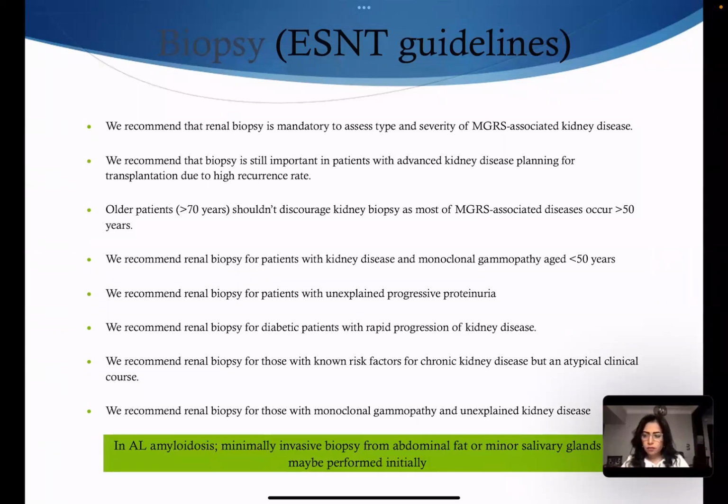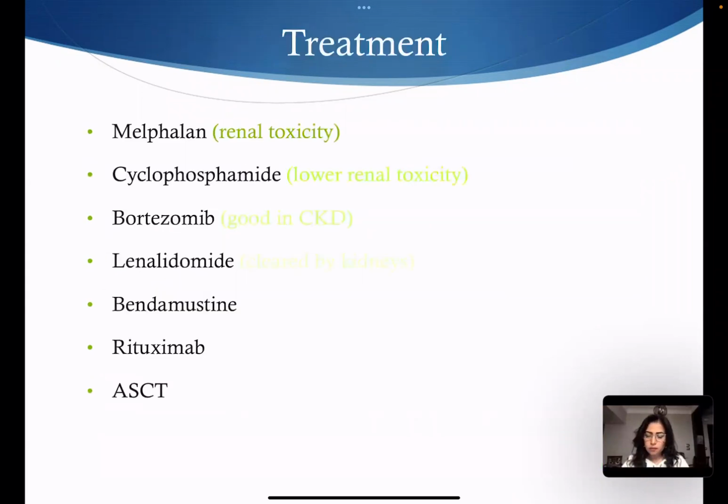Although this might not be sufficient, as we've just seen, since you might miss a concomitant or concurrent pathology in the kidney other than the AL amyloidosis, for instance.